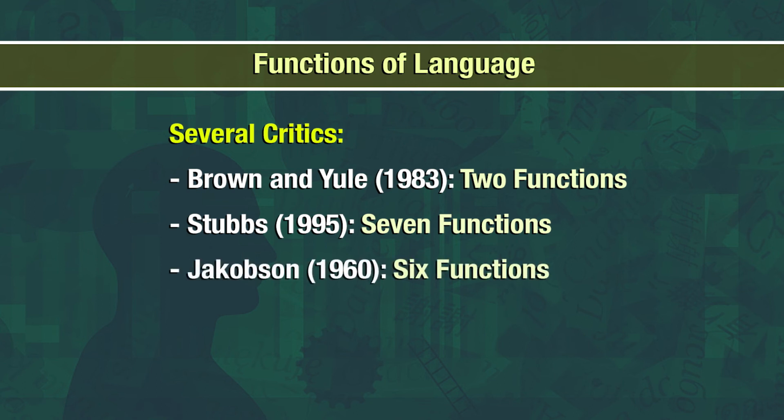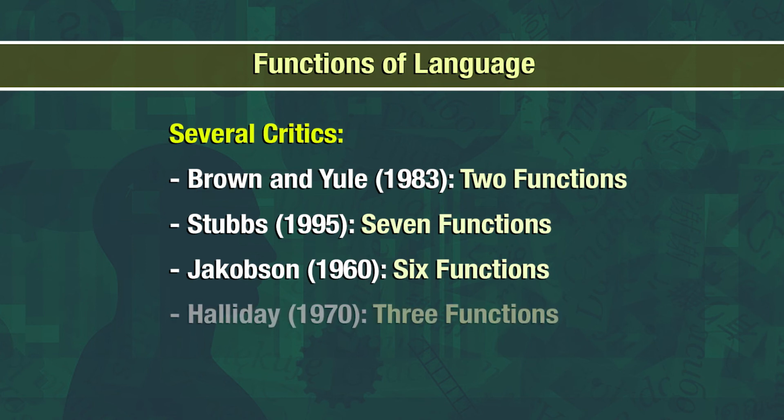But the pioneer in this field was Roman Jakobson, who first identified 6 functions, and his contemporary Halliday identified 3 microfunctions of language. We will be focusing our attention on Jakobson and Halliday and their identification of various functions that language serve from the next session onwards.